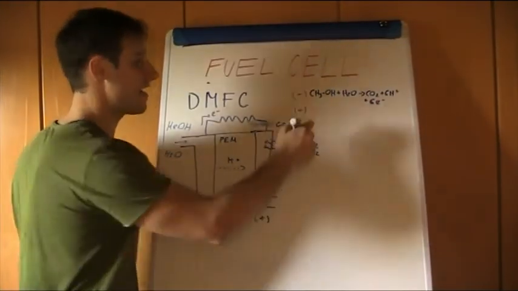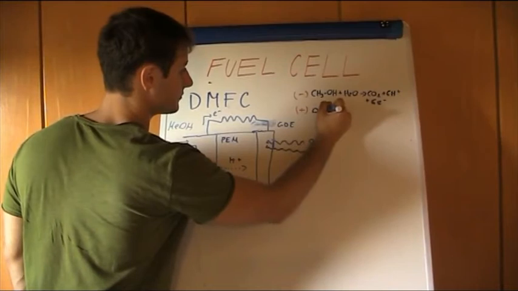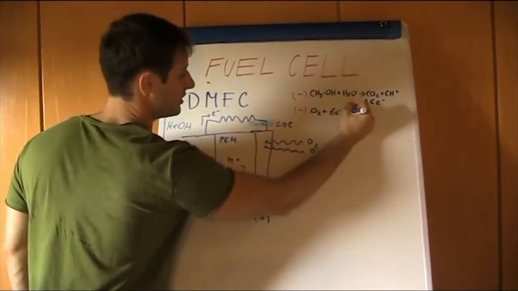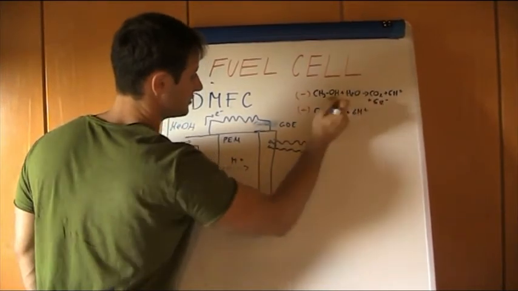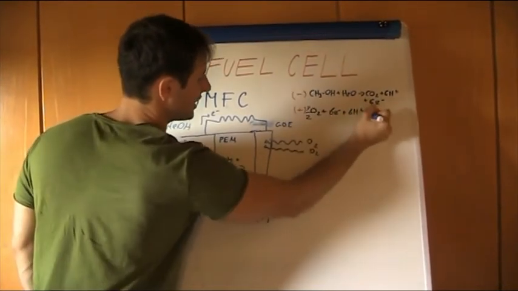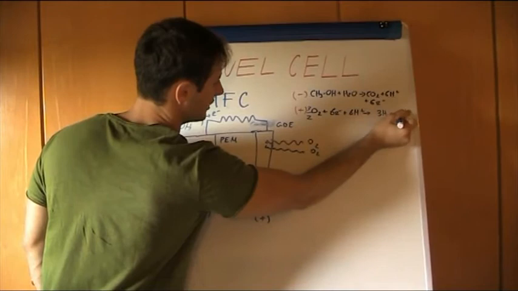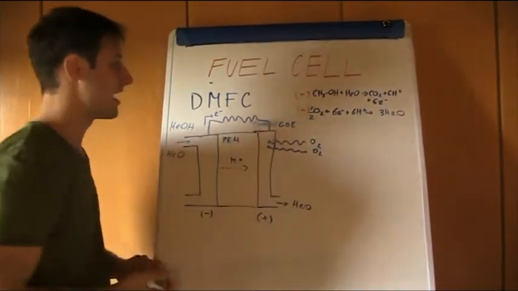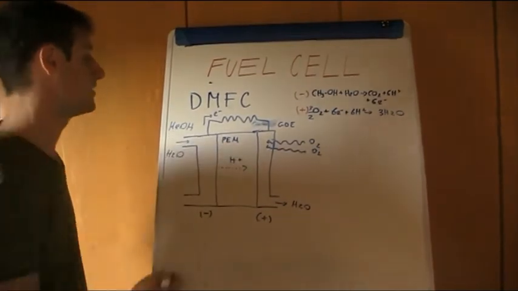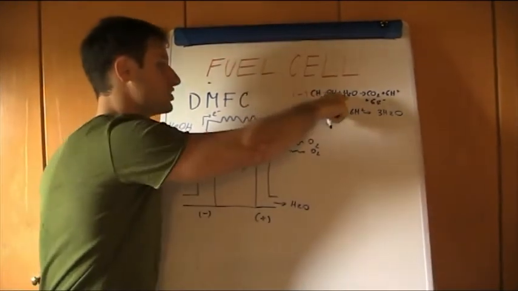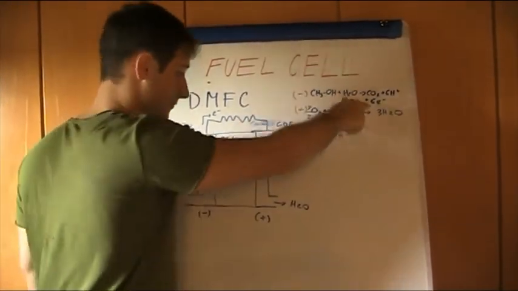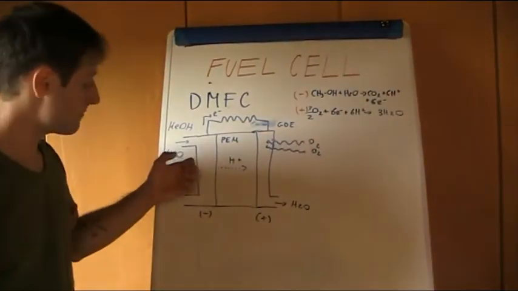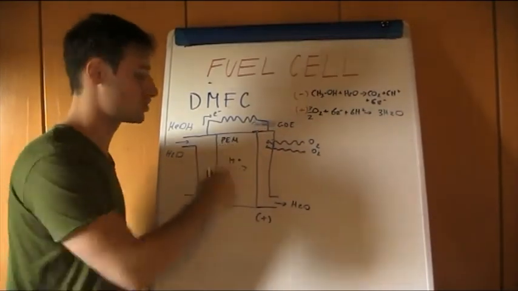So basically we have oxygen plus 6 electrons plus 6H+, this is balanced, and we can have 3 water, and again water is created as a product. So we are entering with water in order to promote the oxidation of methanol. We are achieving the oxidation and the release of H+ that can migrate inside this proton exchange membrane.